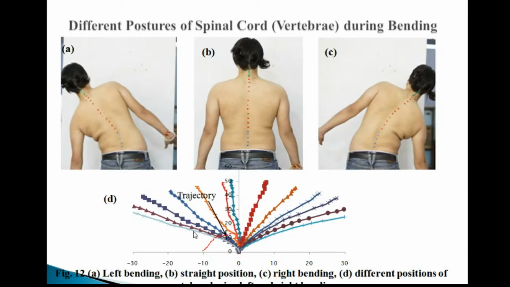So in this way, positions of the center of gravity for various points from C1 to L5 were noted down at different angles, assuming the point L5, the lowermost lumbar point, as the fixed base. So the command trajectory for various points from C1 to L5 is obtained in this way.